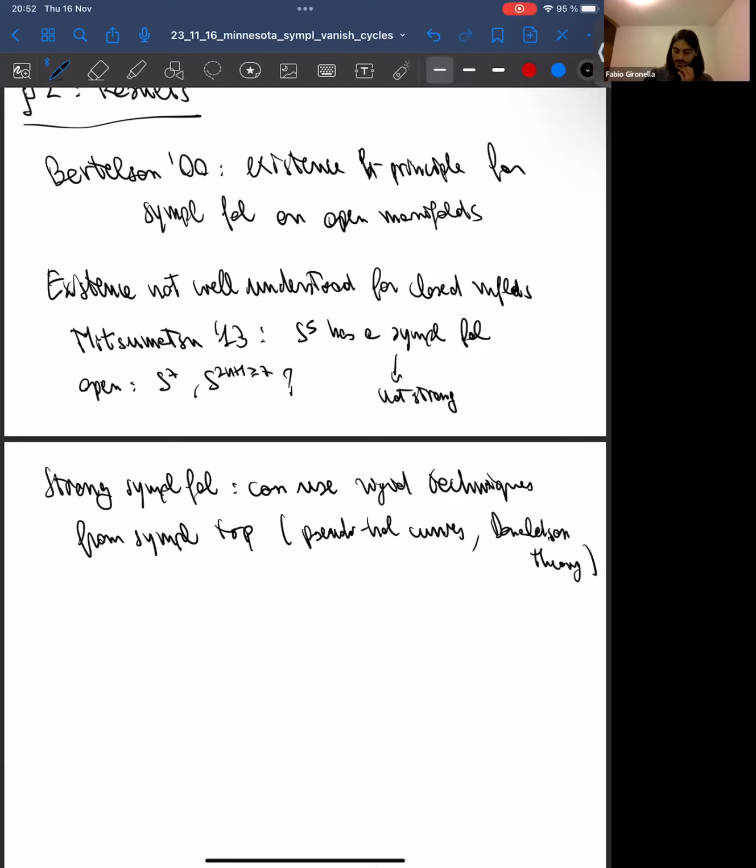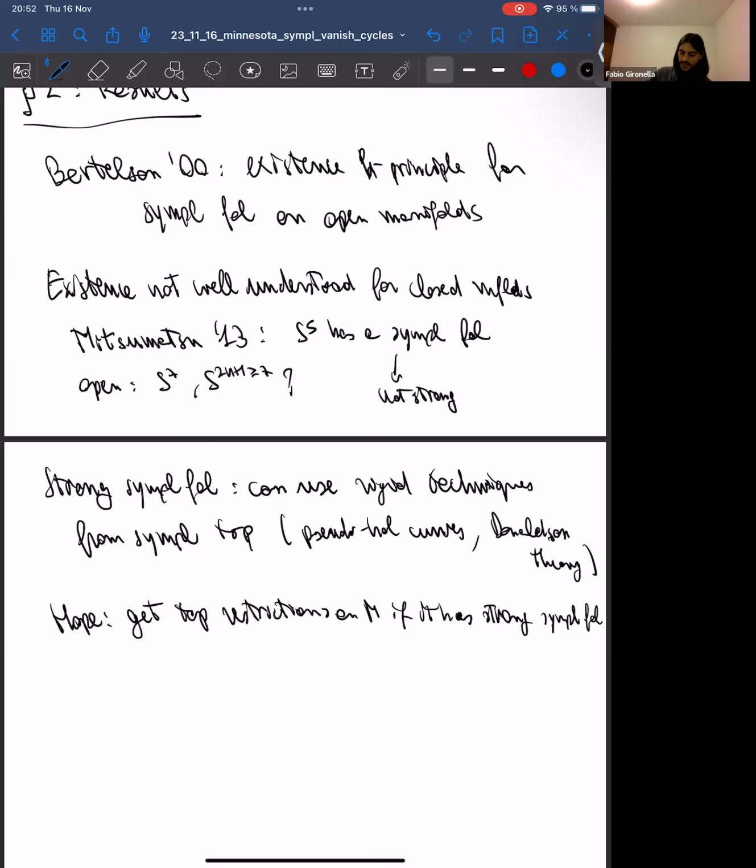And yeah, because of this fact, there are some partial results in this direction, but mainly because of this fact, the hope is that one can get some topological restrictions on M if it has a strong symplectic foliation.